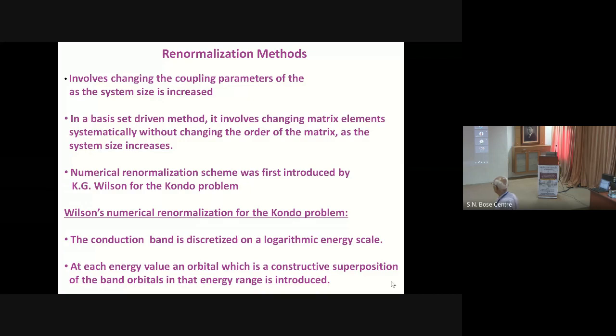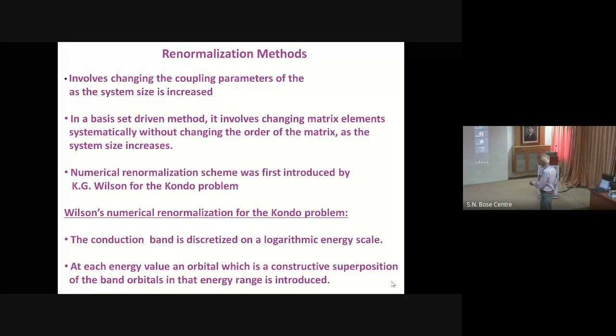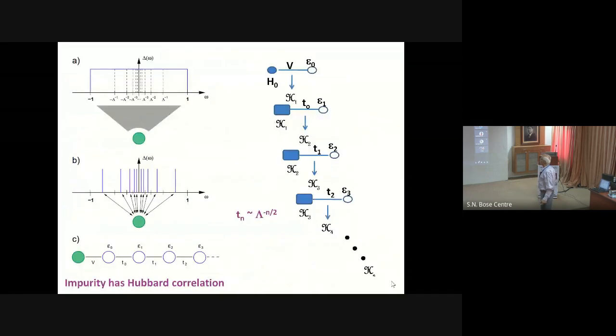The energy was divided in the conduction band on a logarithmic scale. I'll show you a picture of that. At each energy value, you have an orbital with a constructive superposition of the band orbitals in the energy range introduced. So I'll show you what I mean by that.